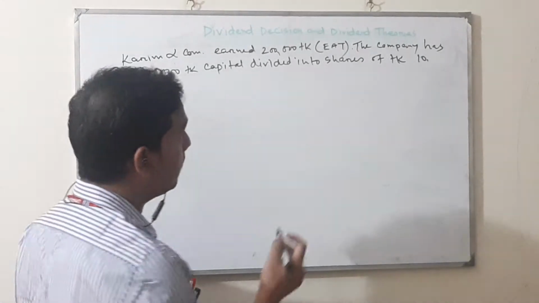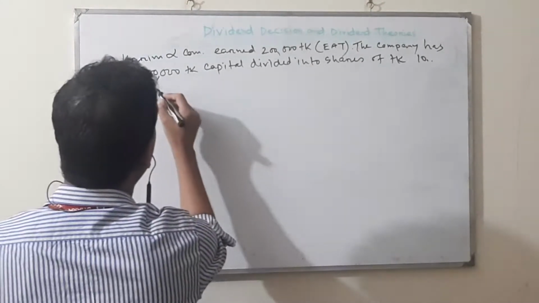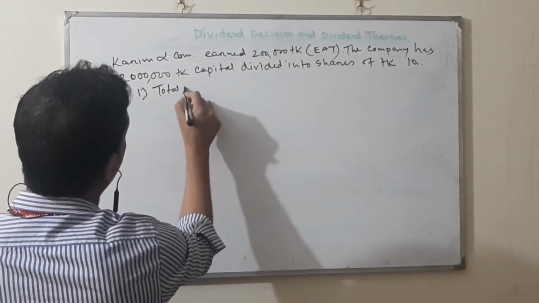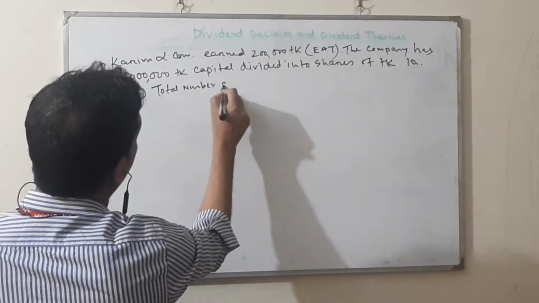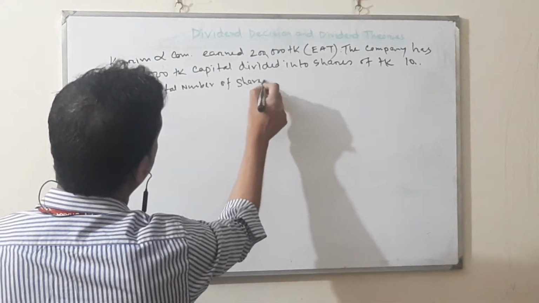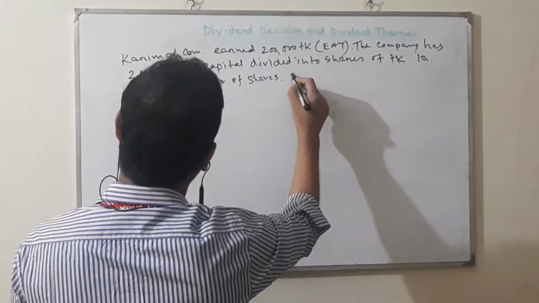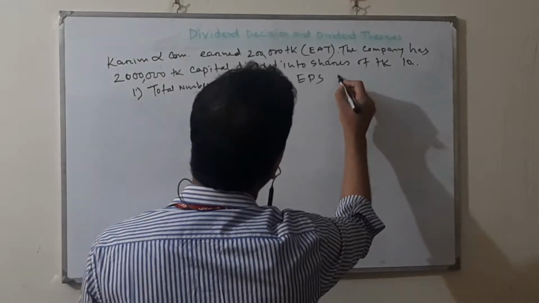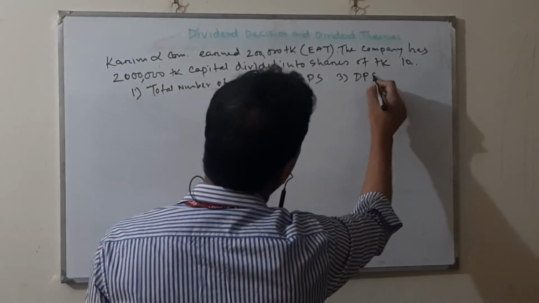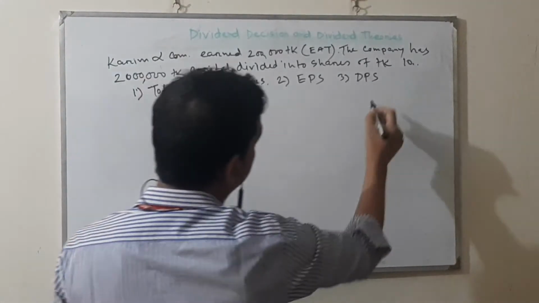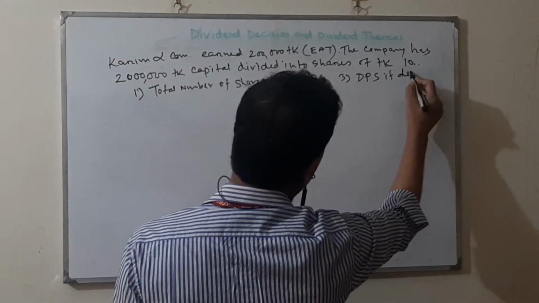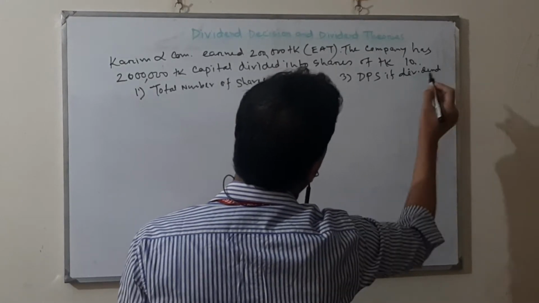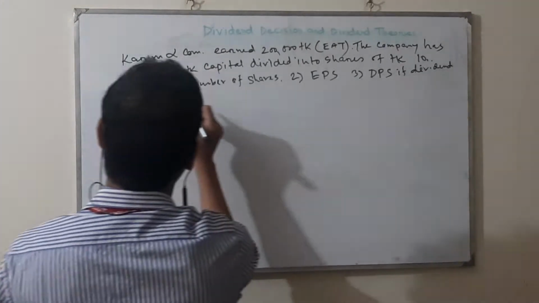So we should bring out: one, the total number of shares; then two, earning per share; then three, DPS, if dividend is declared at 5%.